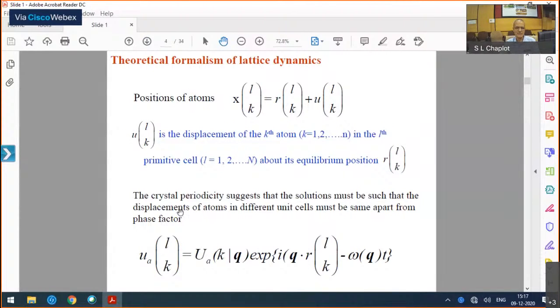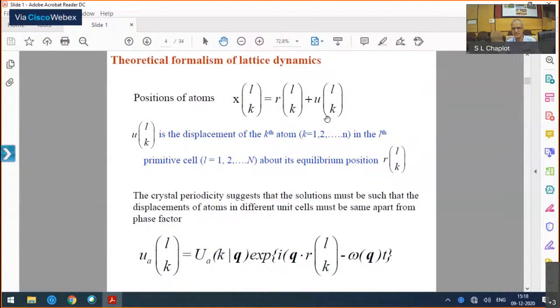Now, because of the crystal periodicity, any solution of the dynamical problem normally would have such an expression. What essentially we are saying is that these displacements as a function of time should have some term which is independent of the unit cell. This is the basic amplitude, and then there is a phase term, and q being the wave vector of this vibration.